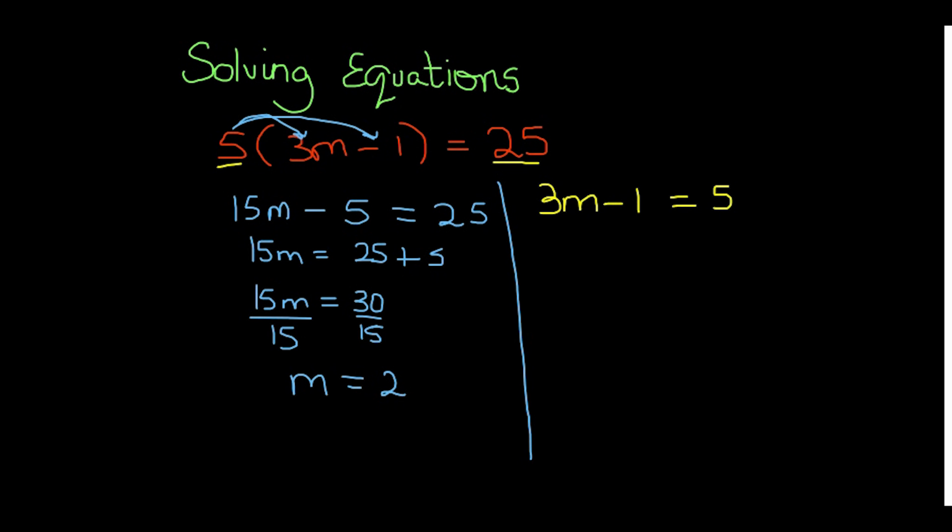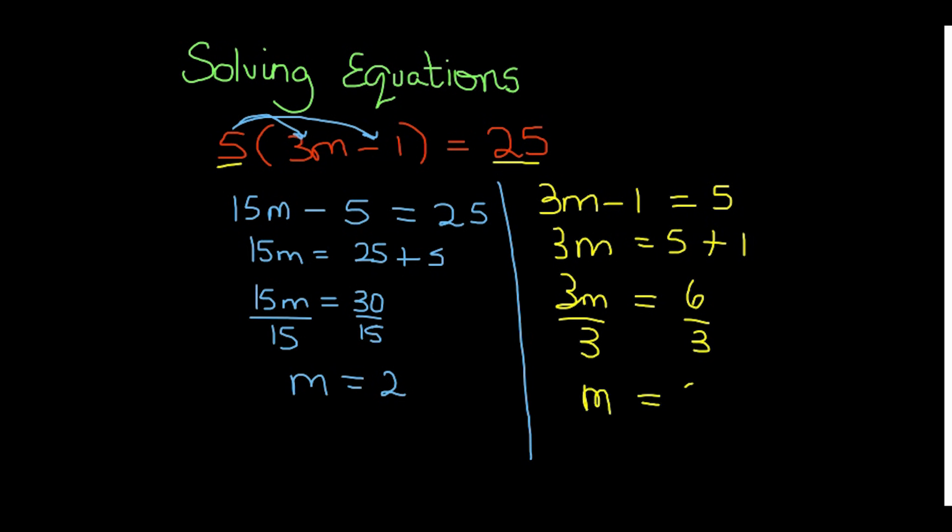So I'm going to add 1 to both sides, and I'll get that 3m is equal to 5 plus 1. 3m is equal to 6. And then divide both sides by 3, and we get the same answer, that m is equal to 2. So those are 2 possible ways in which you can get the answer for this question.